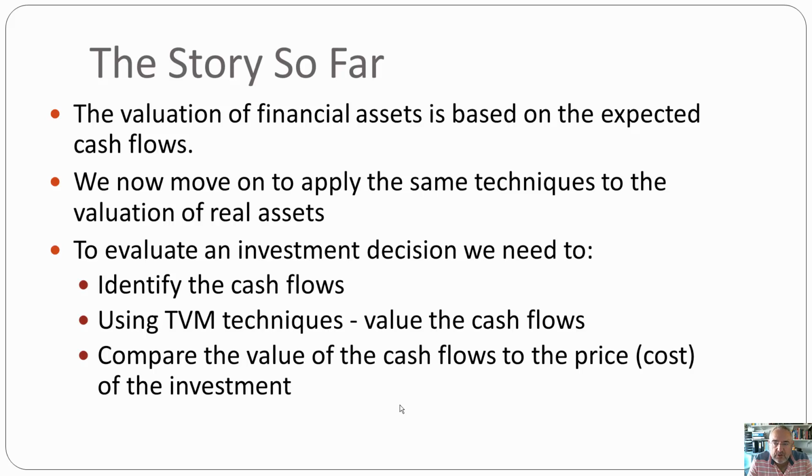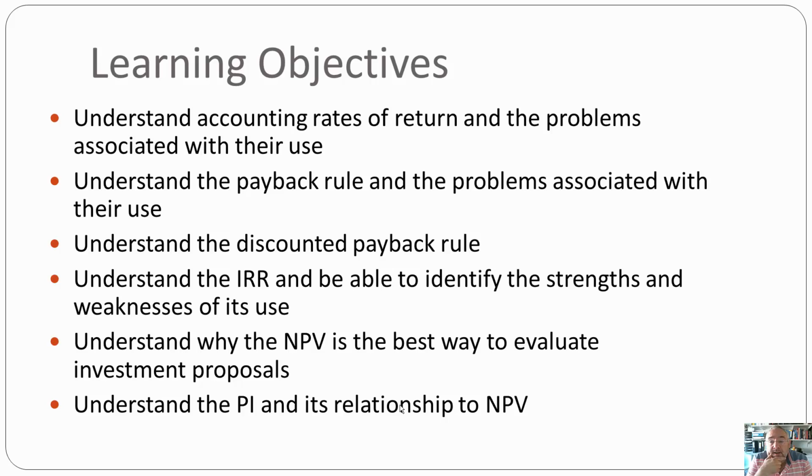Okay, so if we're looking externally, we're looking to value shares or options. We're predicting cash flows and we're feeding that into the valuation process. We're doing exactly the same internally. So, it comes down to the basics. Work out what your cash flows are. Use time value of money techniques to determine a present value of those cash flows and make a comparison. And that's basically all it comes down to. So by the end of this topic, you're going to understand all these different methods.